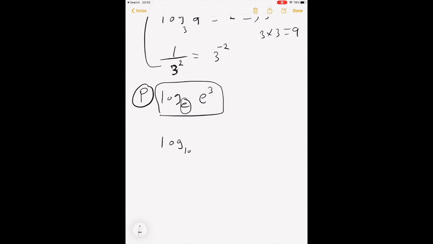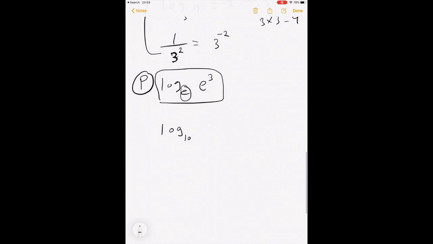So let's say it's 10, just to link it: 10 to the power of something gives you 10 cubed. That means it's 3. So if you use the same thing here, the answer should be the same: e to the power of 3 gives you that, so 3.